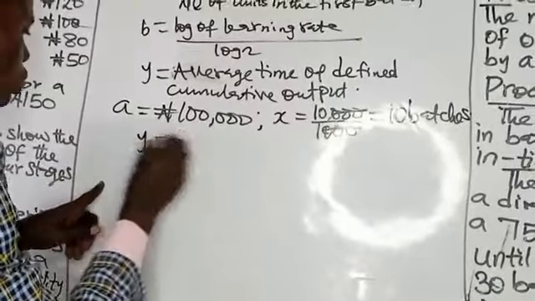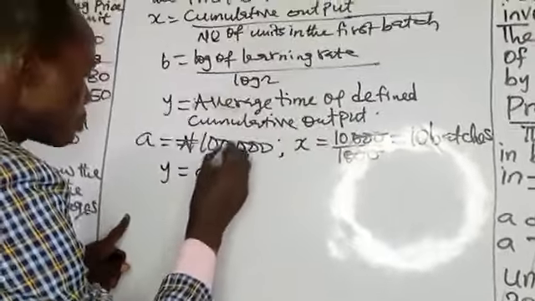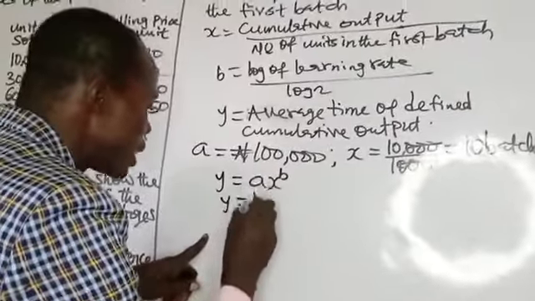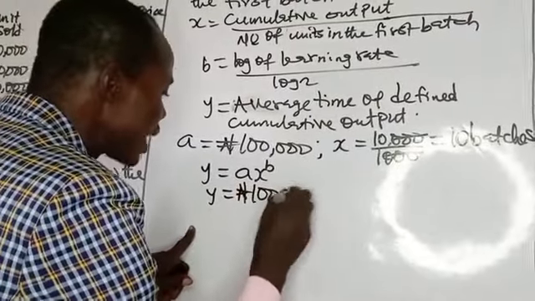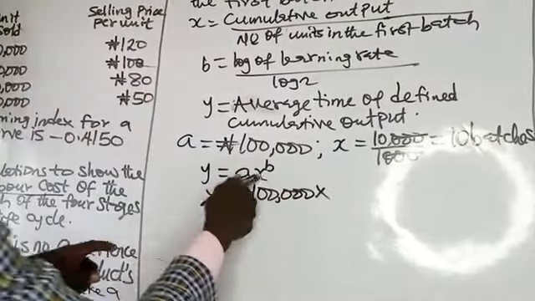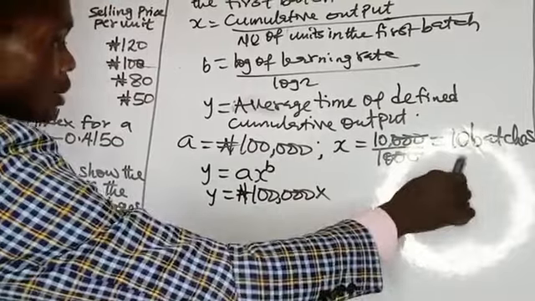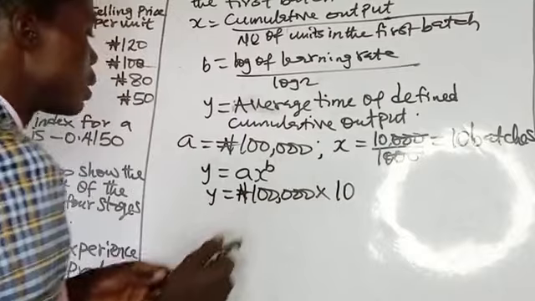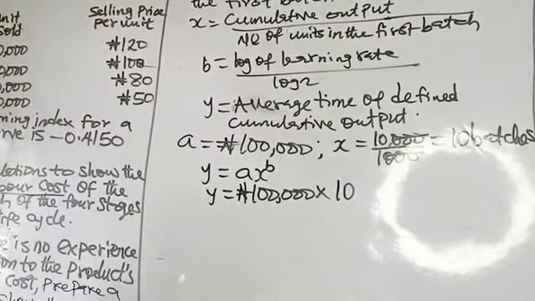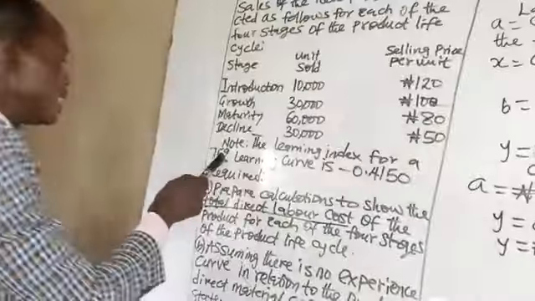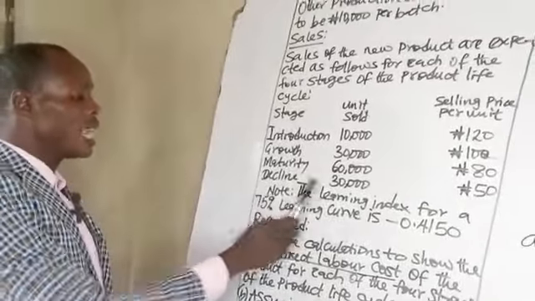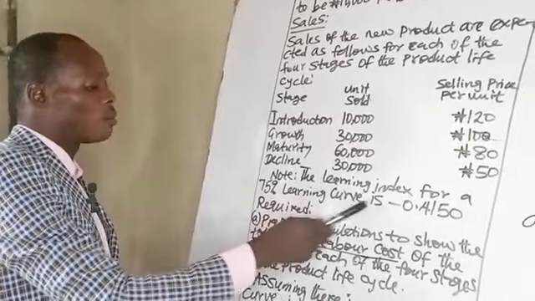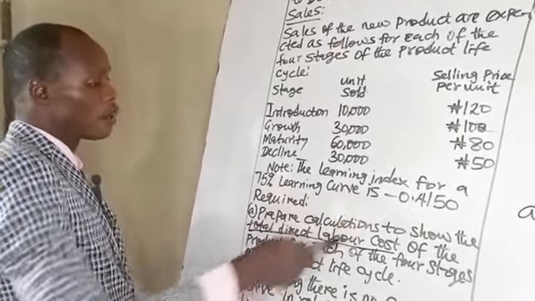Now, let's substitute into the formula. I've told you that y equals ax raised to power b. So y equals a, which is 100,000 naira, times x, which is 10 batches, raised to the power of log of learning rate over log 2. But in this question, you were given the learning index. Note, the learning index for a 75% learning curve is minus 0.4150.